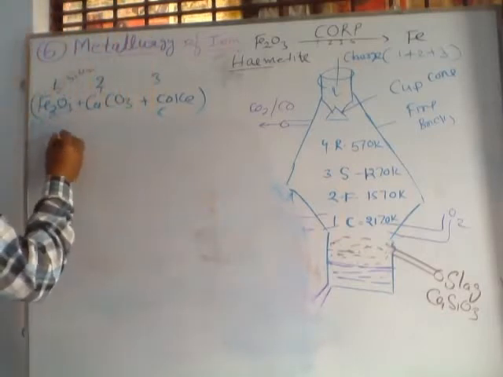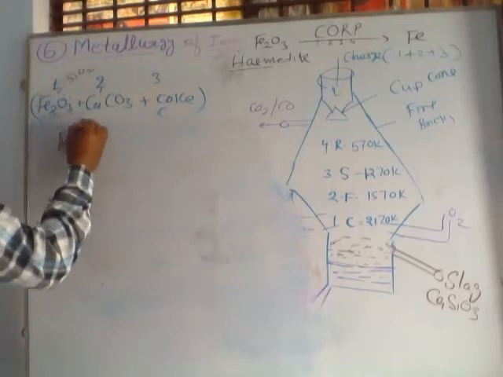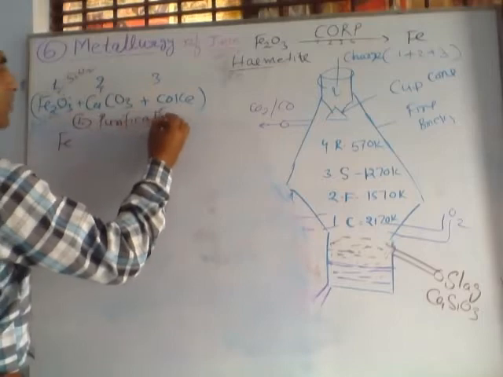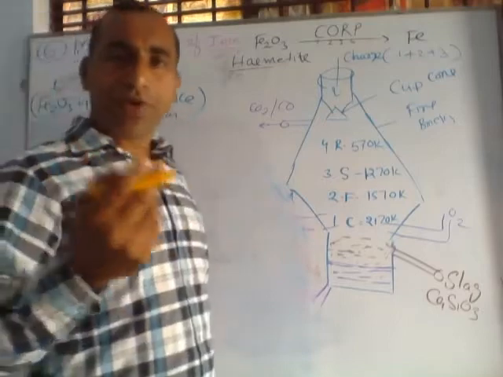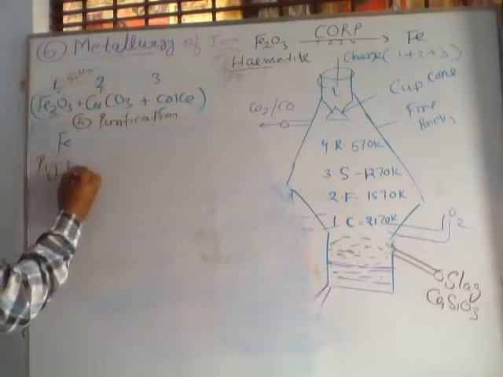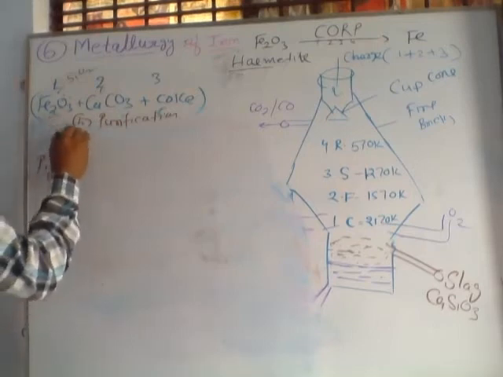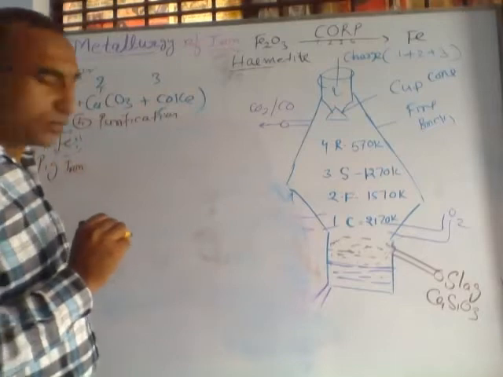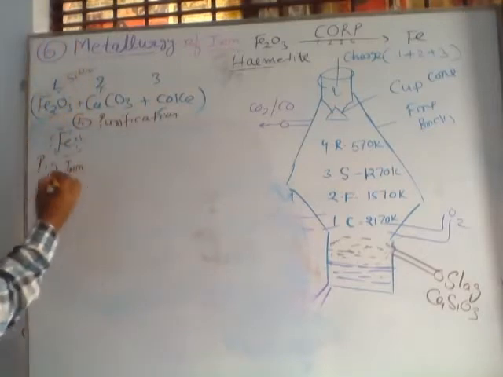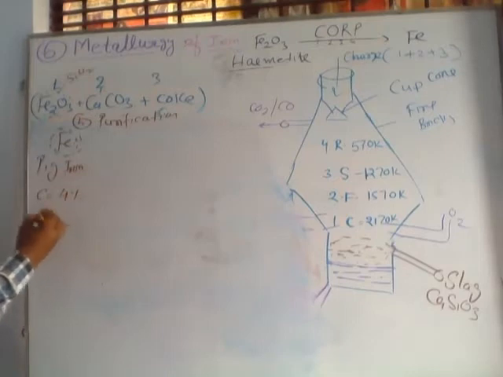The fourth point, last, is purification, otherwise we can say removal of impurities. So this is pig iron. In pig iron there are so many impurities. Impurities basically, carbon is approximately 4%, other Mn, manganese present, and SiO2, silica present.